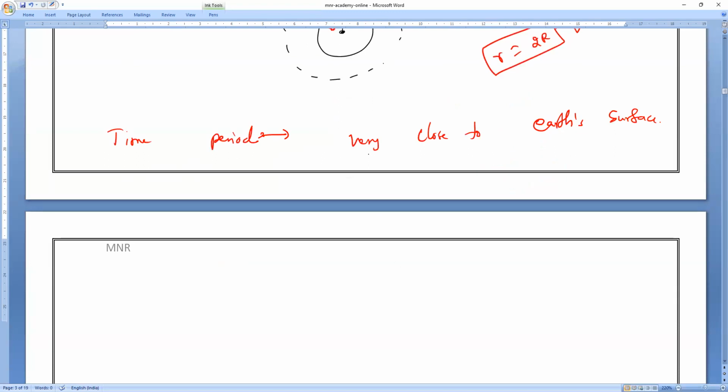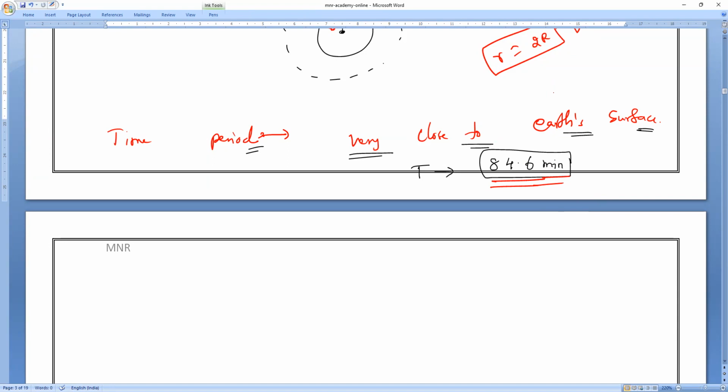For a satellite revolving very close to the earth surface, the time period is approximately 84.6 minutes. Within these minutes, it will make one complete revolution around the earth.